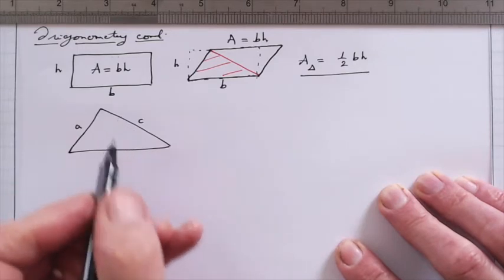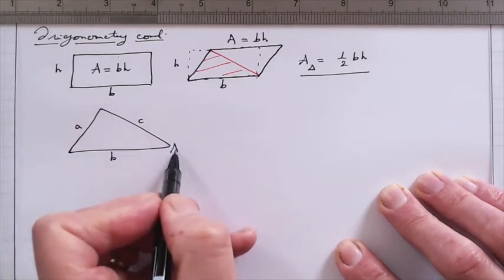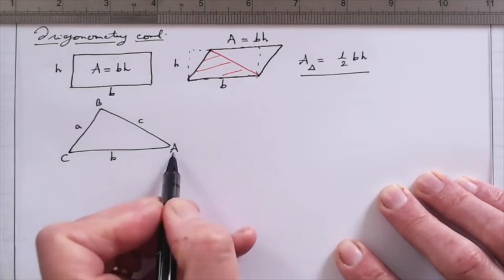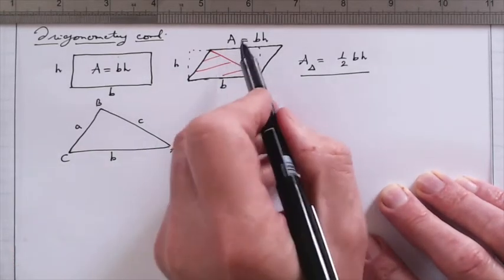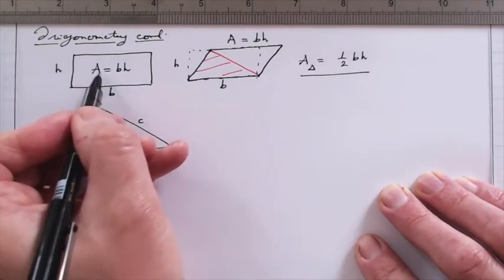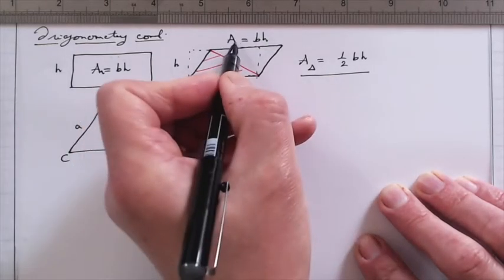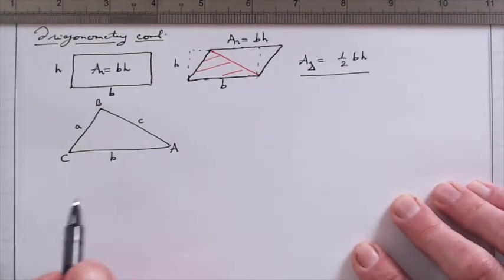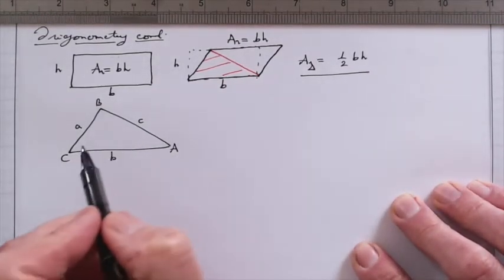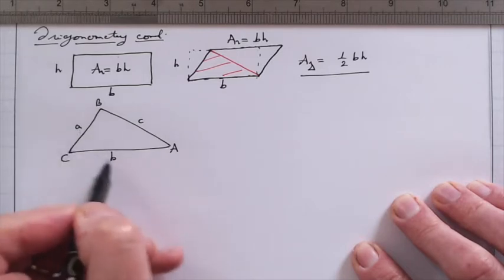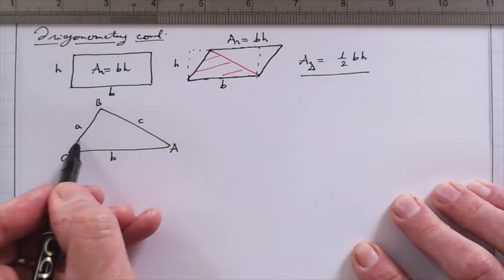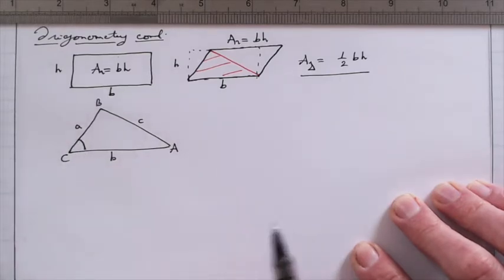Now I'm going to use A, B and C for the vertices, and I apologize if there's going to be possible confusion between using this capital A for a vertex and A for area here. So let me write this as AR for area so we don't get confused. Right, so let's imagine we know these two sides a and b, and we know this angle C, and the question is, can we determine the area of the triangle?